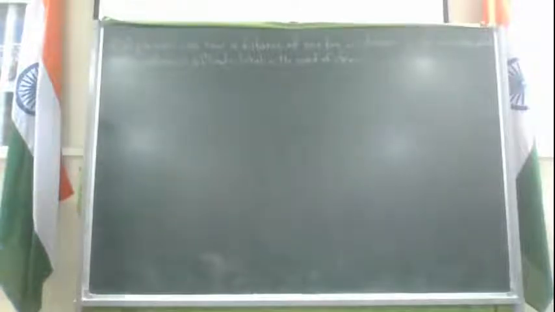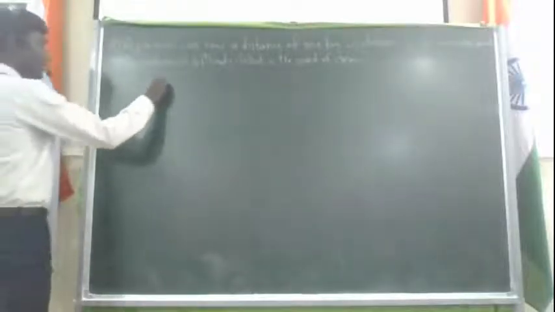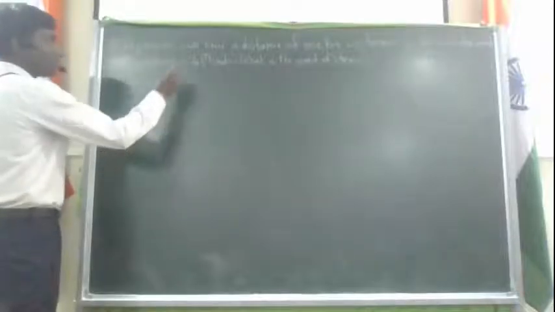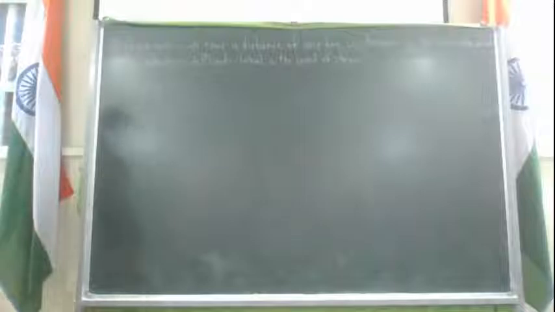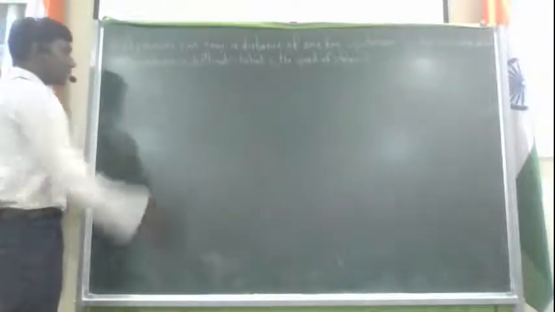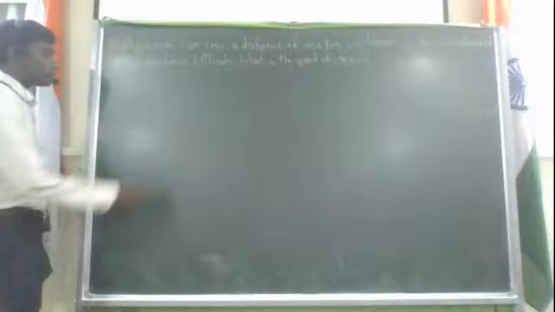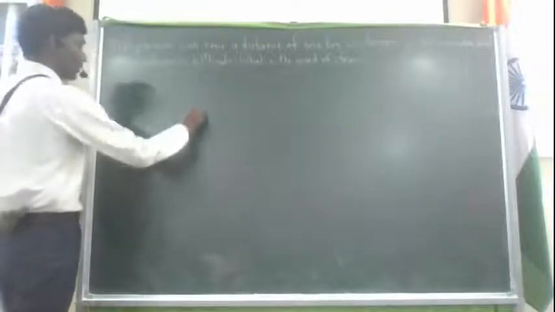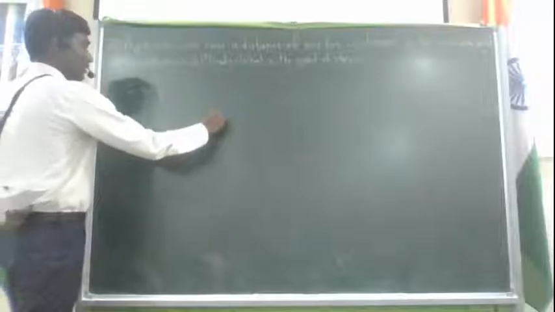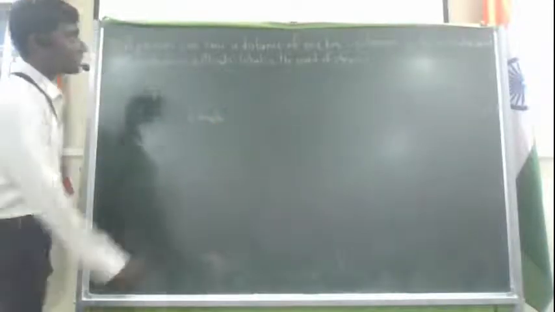A person can row a distance of 1 kilometer. That means speed is equal to distance covered by time taken. Distance is 1 kilometer, and they are telling in 10 minutes. This minute I have to convert it into hours. So what will I do? By 60. So what you get the speed here? 6 kilometers per hour is the upstream.